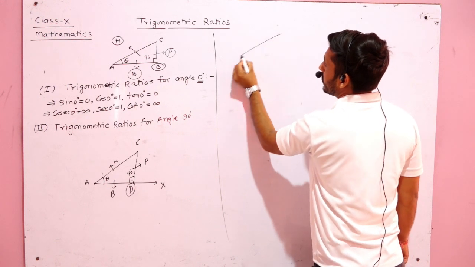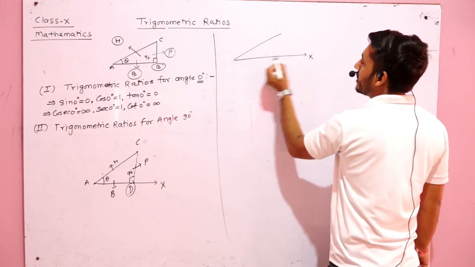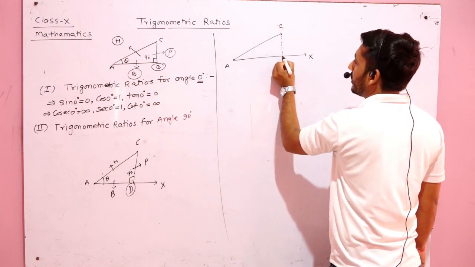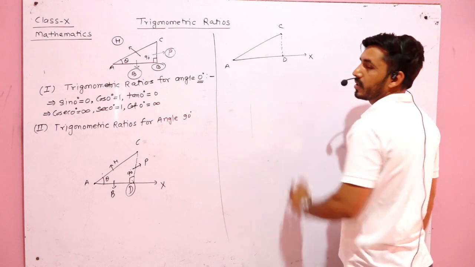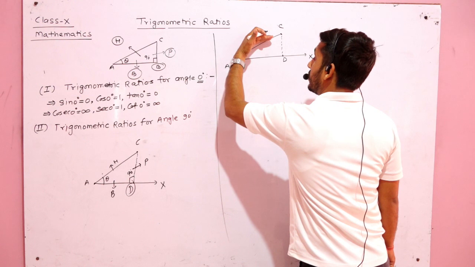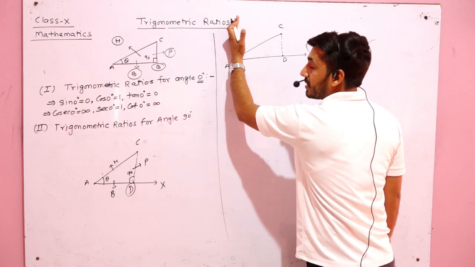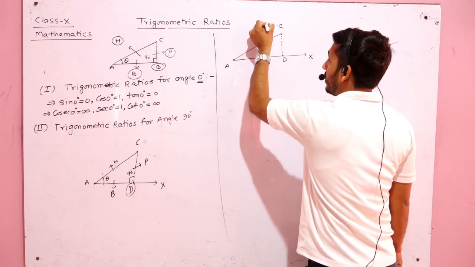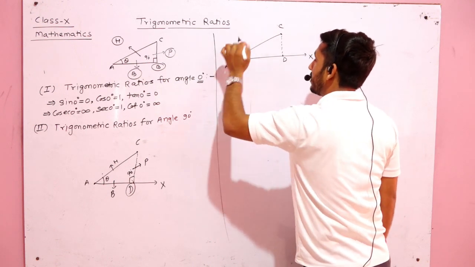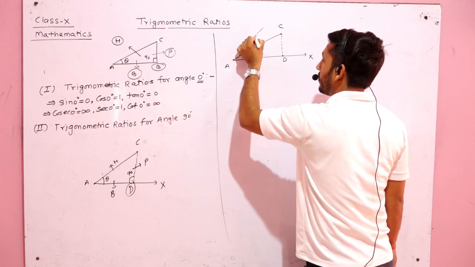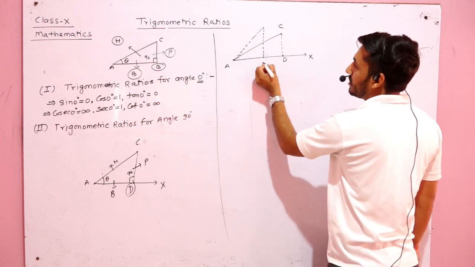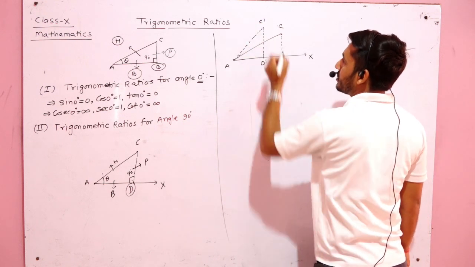Okay, first one is, this is x, this is A point, this is C point, and the perpendicular intersecting at D point. First I am moving this side to make an angle at 90 degree, then these sides will move towards perpendicular. It means it is given for here and the perpendicular will be here, you can see, and this point is D dash and this point is C dash.